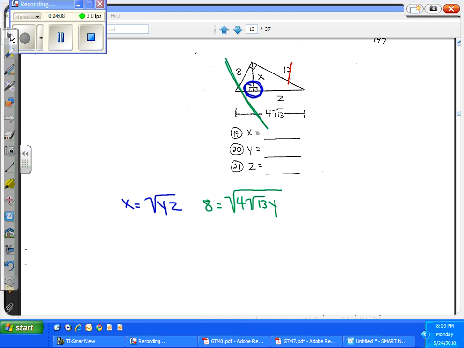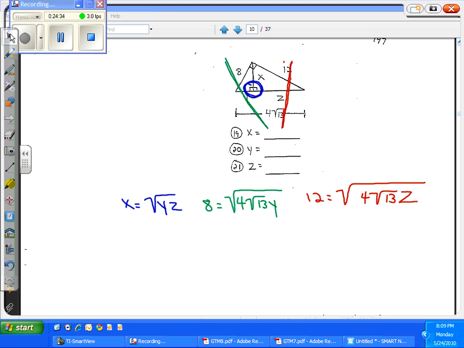The other leg, 12, is a geometric mean between the hypotenuse and the piece of the hypotenuse closest to it. In other words, this leg 12 is equal to the square root of hypotenuse 4 square root of 13 times the closest piece z. So 4 square root 13z.